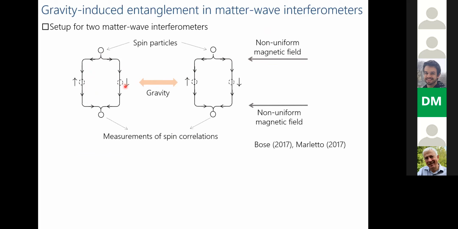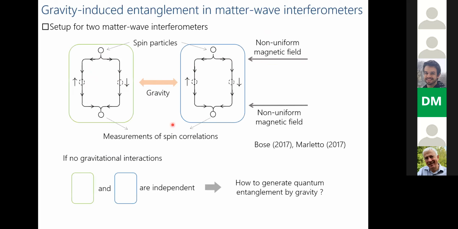After the traveling time, we use the magnetic field to bring the particles together at a certain position. Then we measure the spin correlations of the particles. If there are no gravitational interactions, each particle would evolve independently in its own interferometer. What we are interested in is whether quantum entanglement between the spin particles is generated by the gravitational interaction.